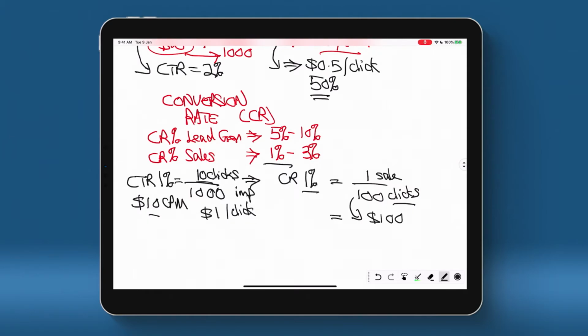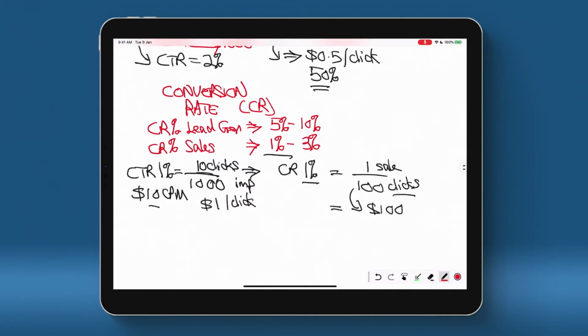Now, but the question is not 1%. The question is, what if CR doubles from 1 to 2%? Well, let's update this. 2 sales instead of 1. We are paying $100, but we divide it by 2 sales. Now it's $50 per sale. And this is the answer you're looking for.